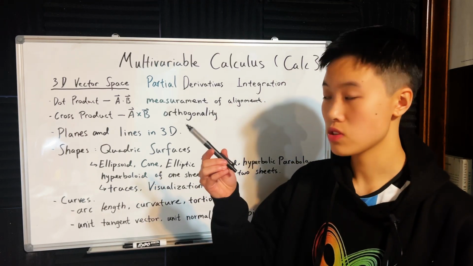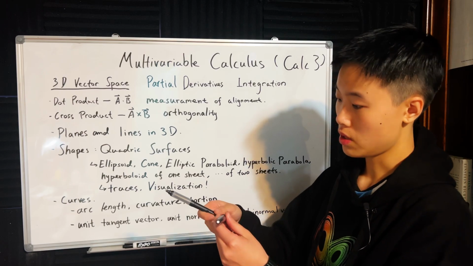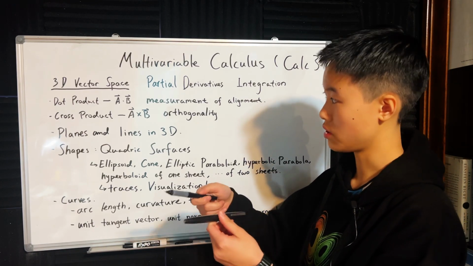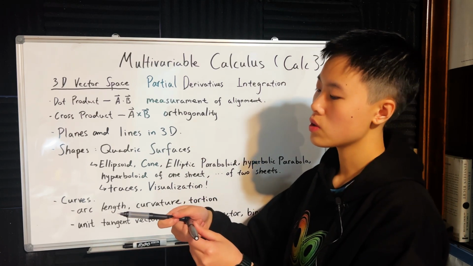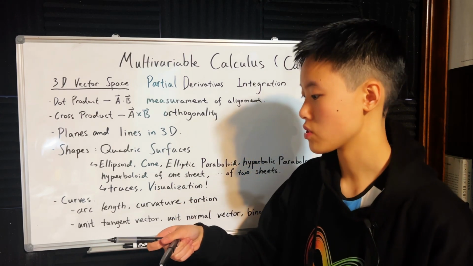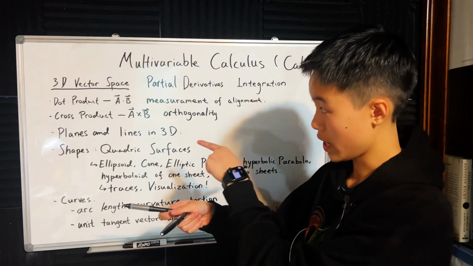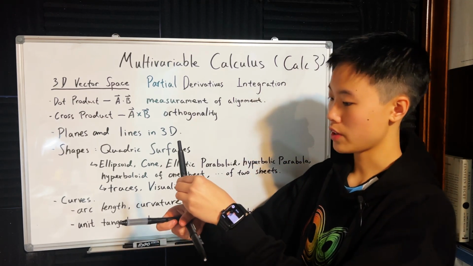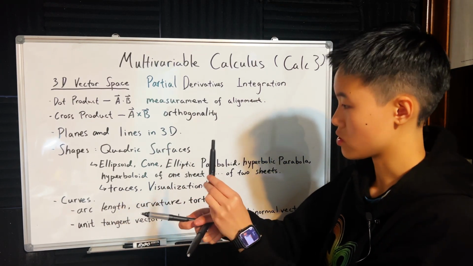So for example, if this is A and this is B, they're not parallel to each other. If they're parallel to each other, their cross product would be 0. So they will be at a certain angle. And then what you'll find is A cross B, the vector that is perpendicular to both of these vectors.